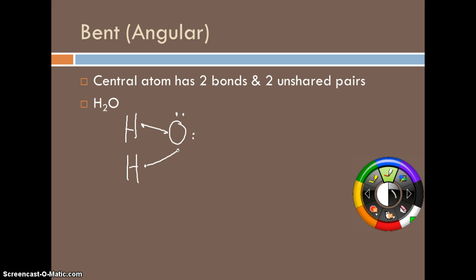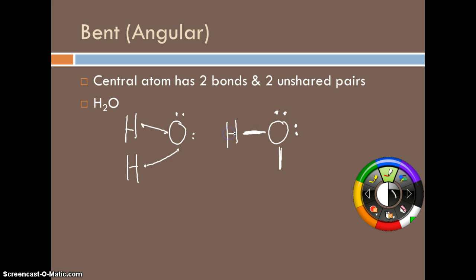So we're going to put oxygen as our central atom. You're going to have 2 bonds hanging off, 2 unshared pairs. It's going to help you see the shape if you put like things next to each other. So if we put these 2 unshared pairs next to each other and the 2 bonds next to each other, you can kind of see its shape there.